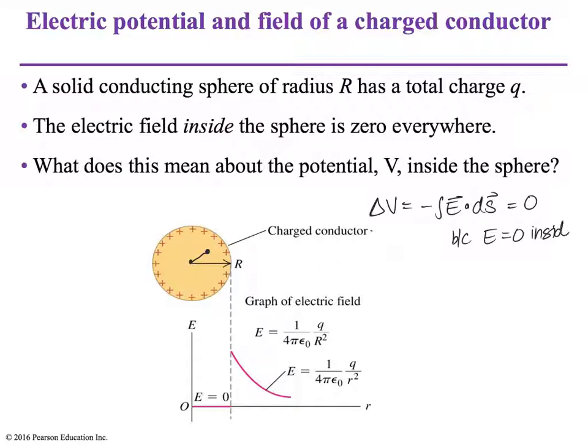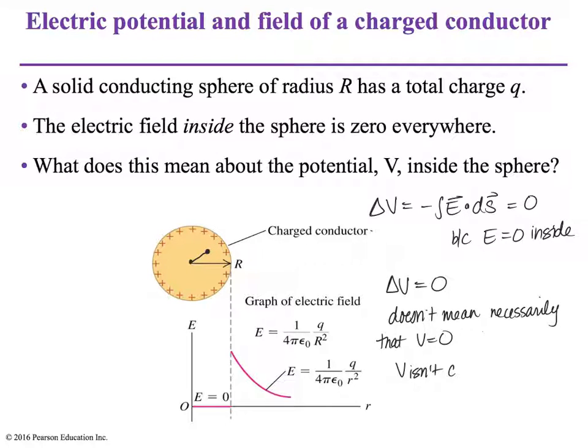So what happens is that if we move around within the sphere, because there is no electric field, our potential doesn't change. But the fact that the change in potential is 0 doesn't tell us that the potential has to be 0. This doesn't mean necessarily that V equals 0. What it means is that V isn't changing.